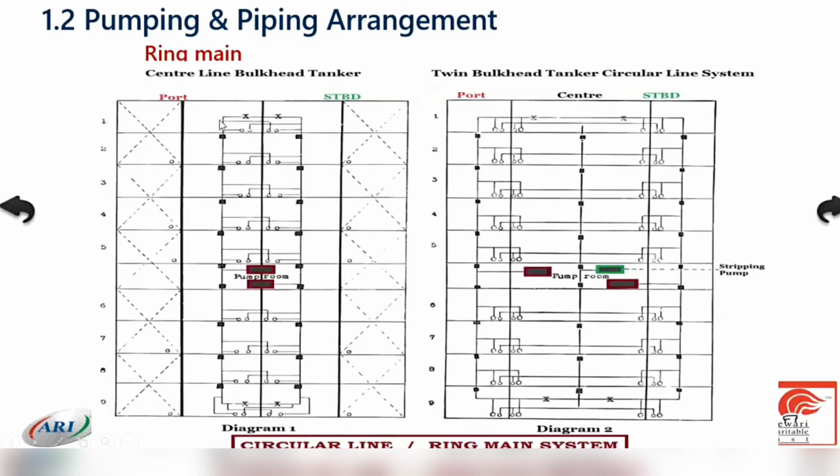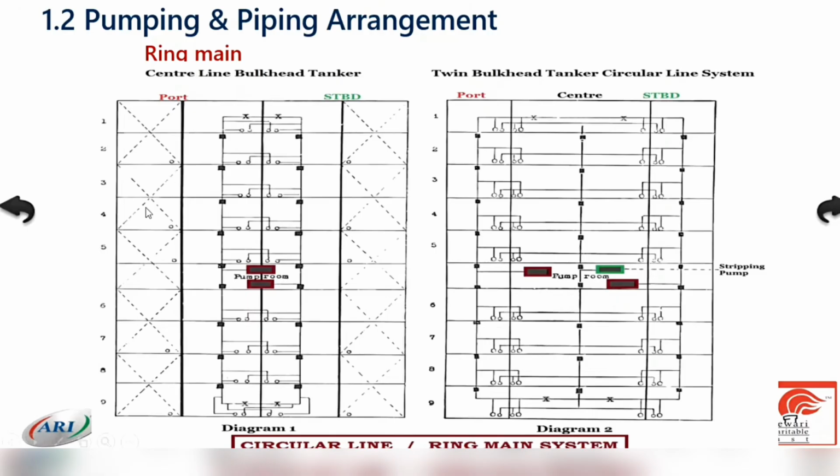In addition to that, if you look at one port, this particular tank, and the rest are all the same, there's one pipeline going from this tank to the pump room. This is the pump room, connected to the pump as in a direct line system, and another line to the starboard side again connected to the pump here in the pump room. If you look at one port, there is one bell mouth connected to the port side pipeline, and there is one more bell mouth from the one port connected to the starboard side pipeline.